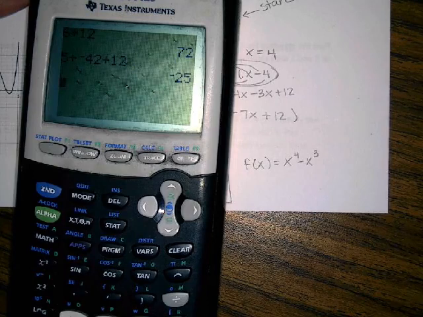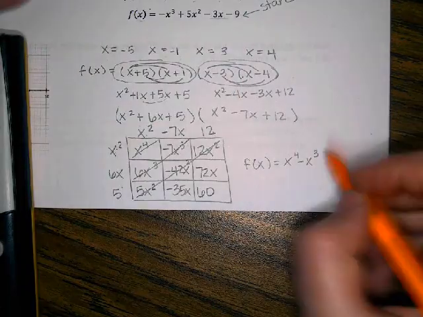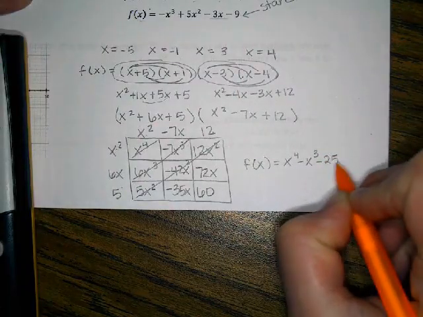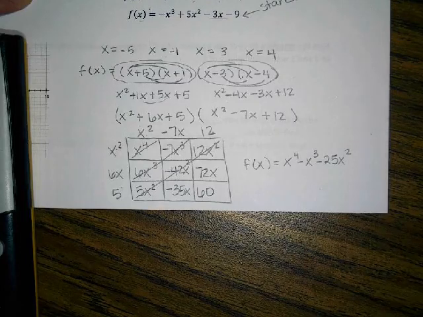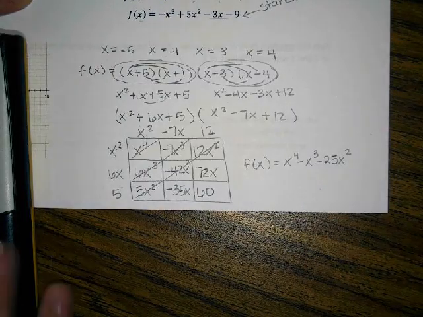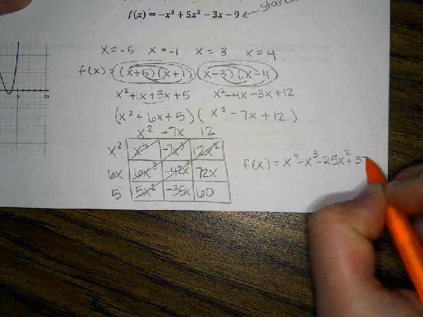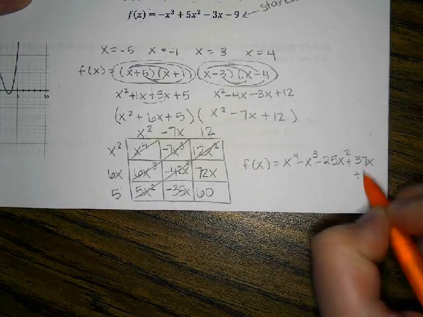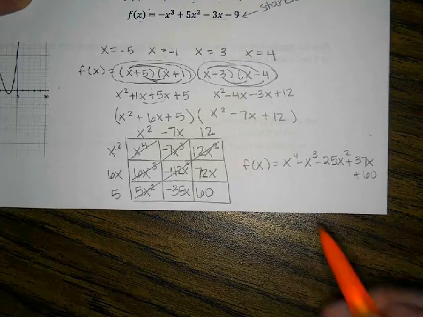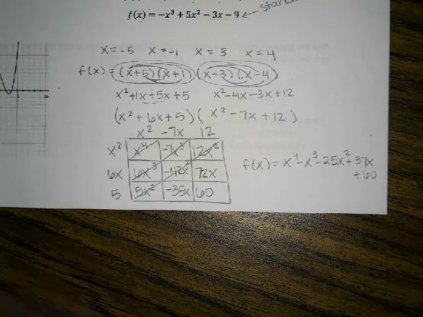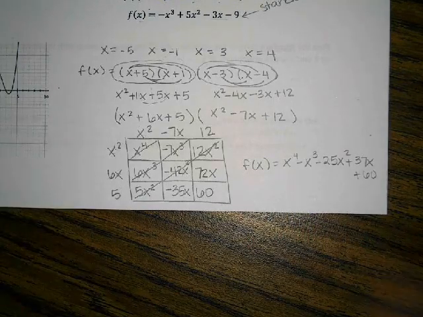Negative 25. Negative 35 and 72 is 37, and then plus 60. So there is our standard form equation for this graph over here.